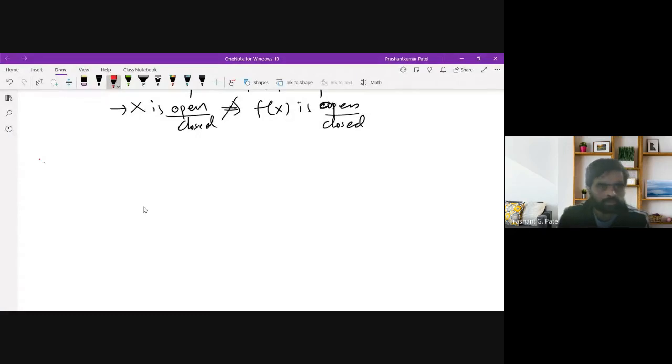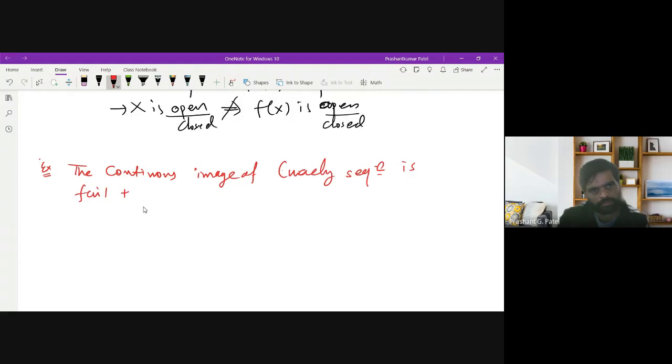This example says that the continuous image of a Cauchy sequence fails to be a Cauchy sequence.